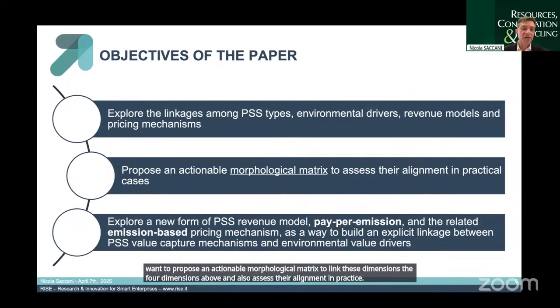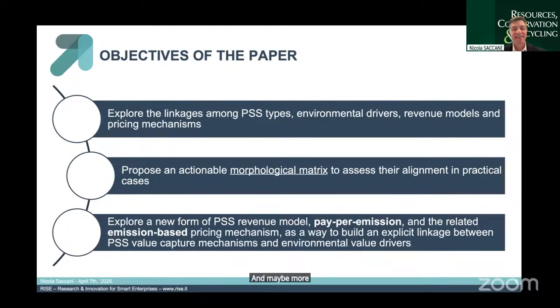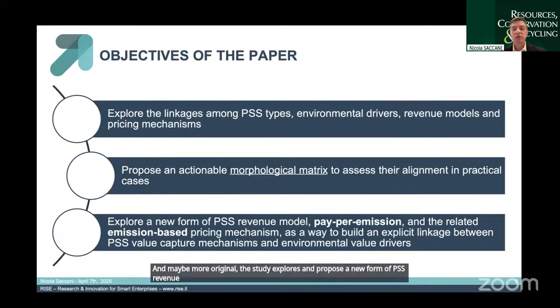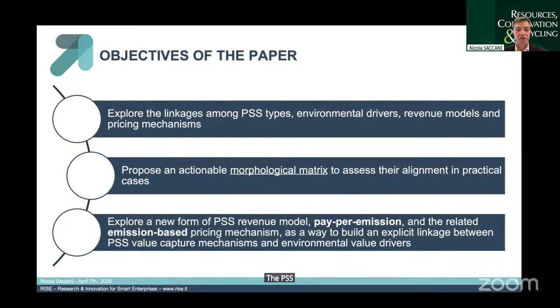And maybe more original, the study explores and proposes a new form of PSS revenue model that we call pay-per-emission, and a related pricing mechanism that we call emission-based, as a way to build a formal and explicit linkage between the PSS value capture dimension and the environmental dimension of product service systems.